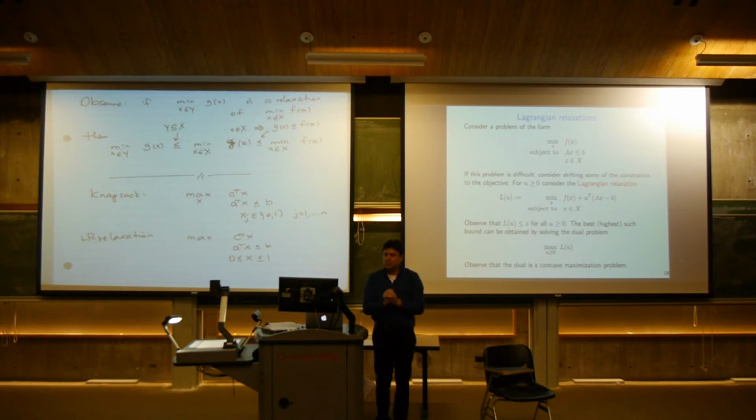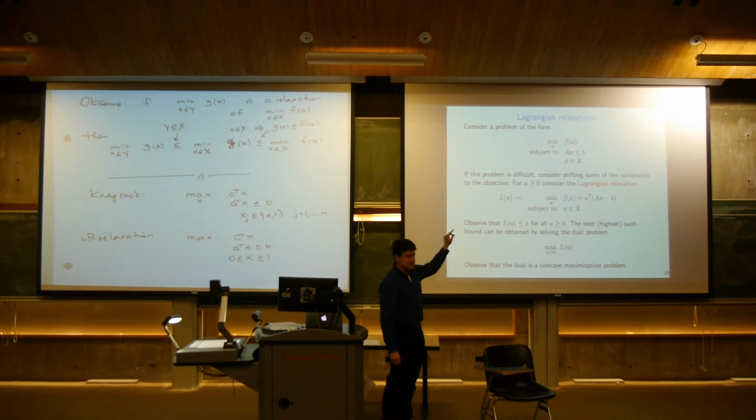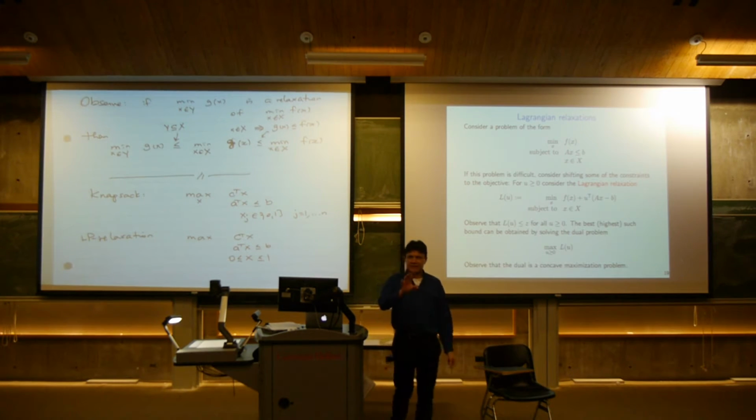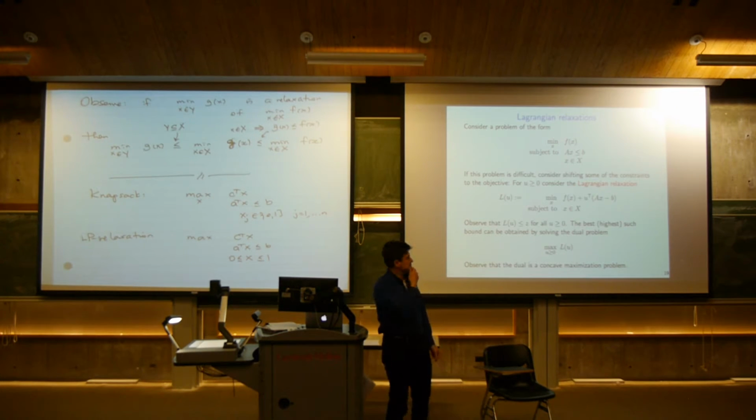So suppose that we are looking at a problem of that form. We have some linear inequality constraints there, and some other bunch of constraints that could be difficult. So the x constraints could be very difficult constraints. They could include binary variables and all that jazz.